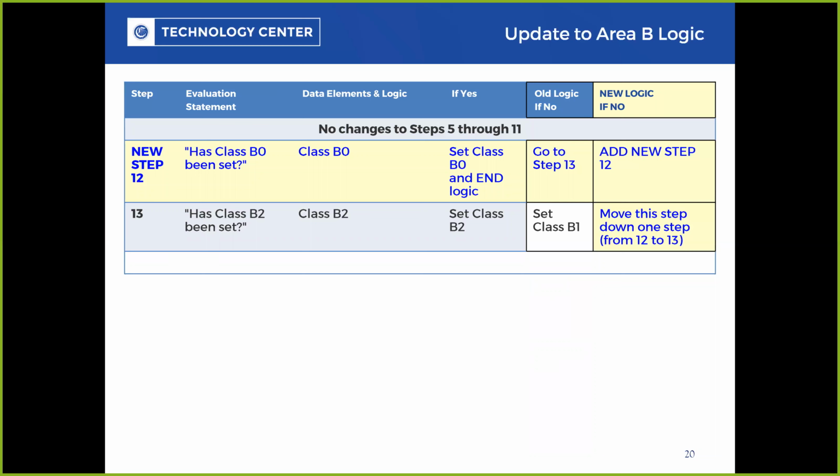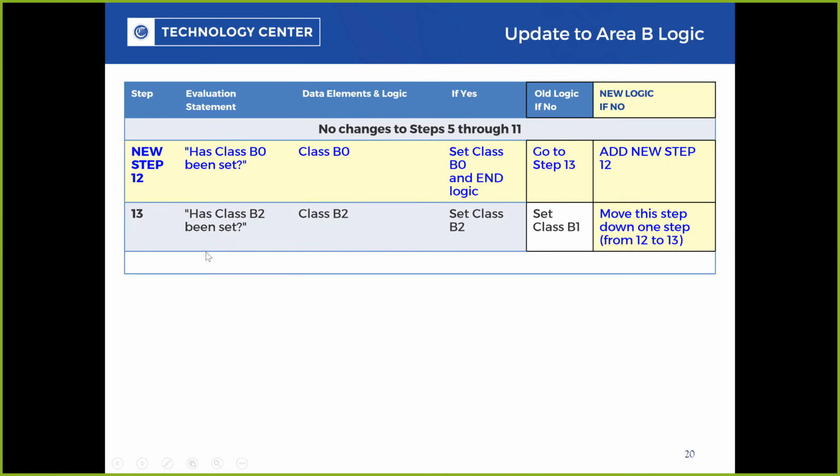When they get to 12, it's like, was B0 set anywhere? And if yes, then that's their classification. End it right there. If no, somewhere along the line their B0 changed back to a B2, then go to 13. So this is the new step we added as a final double check.